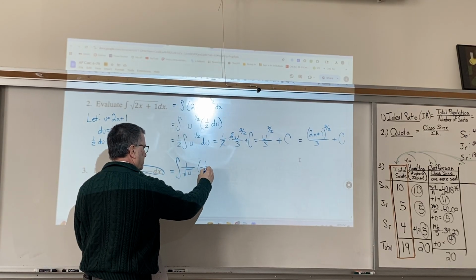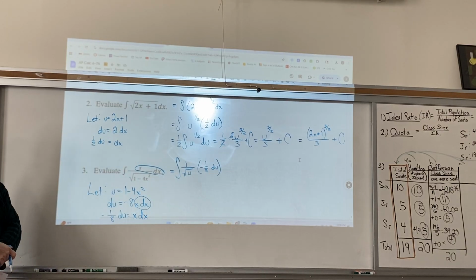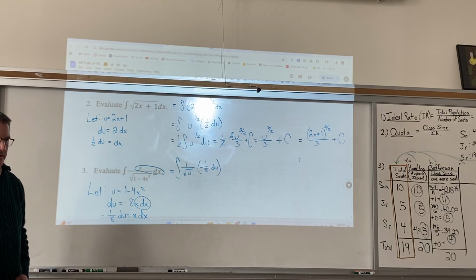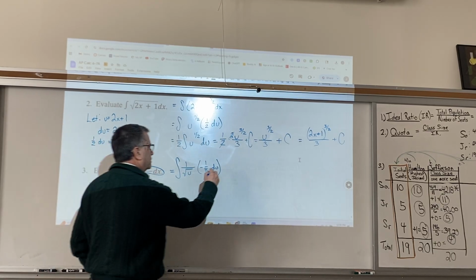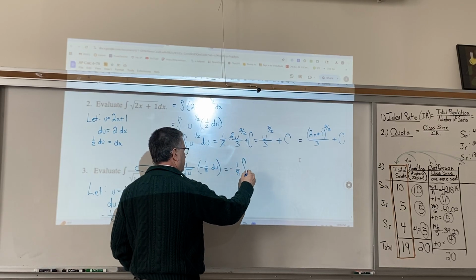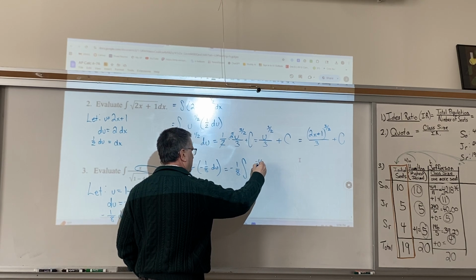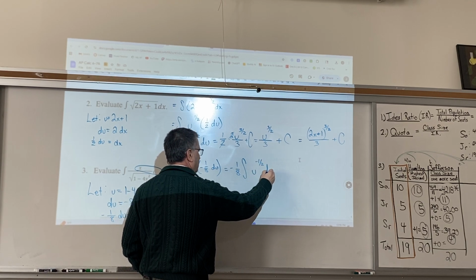Negative 1/8. And so I can probably pull any constants out, which would be the negative 1/8. Let's pull that out, leaving me the integral of, can I go ahead and say that's u to the negative 1/2 du?